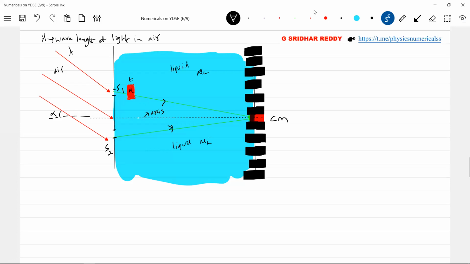I'll go back to basics rather than use manipulation. So the net path difference delta x should be equal to, first, the path difference after the slit. How do we write S2P?